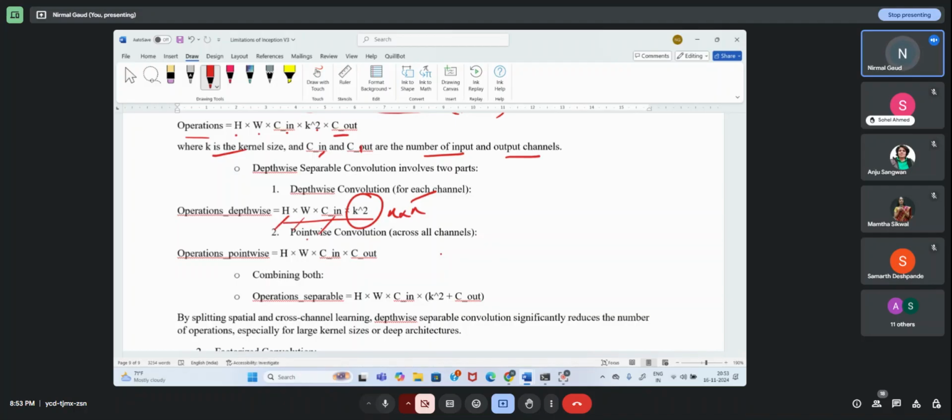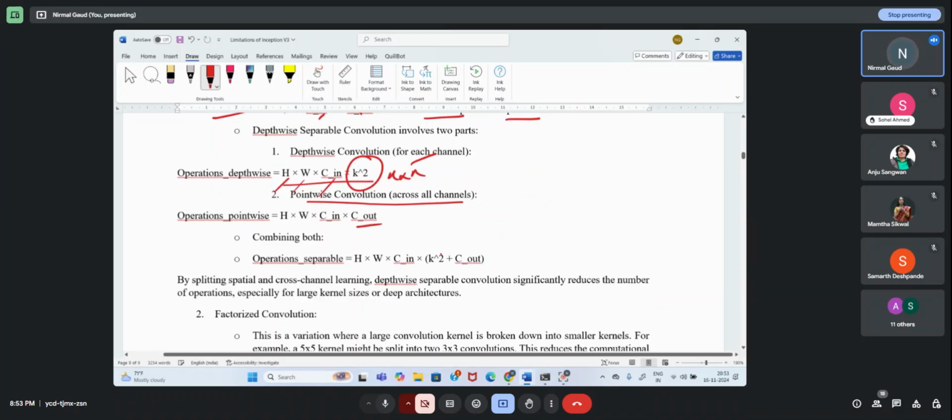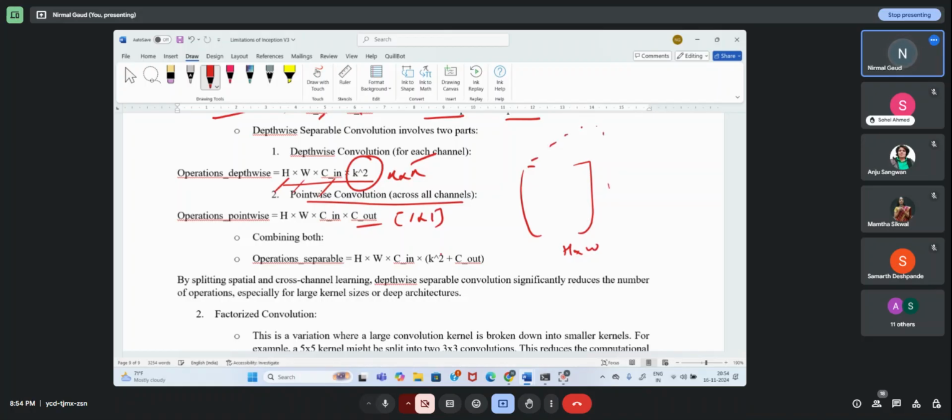Then we perform pointwise across all the channels. Pointwise is just one cross one. You have H cross W, the width, and the number of channels, and you apply one cross one to each channel. One cross one means only one element in the matrix, which you multiply with every channel.